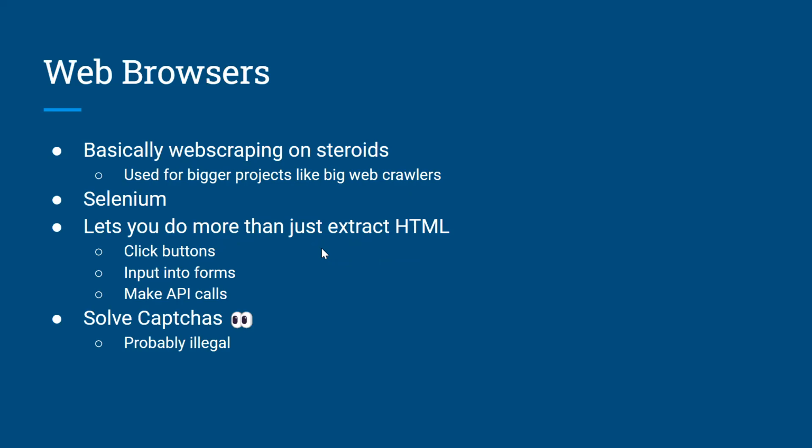Okay. Web browsers, I mentioned this before, like Selenium is an example. This is basically web scraping on steroids where you can click on buttons and do different interactive stuff. I don't have a VPN, but if you did this in Europe, there's an accept cookies button for Yahoo Finance.